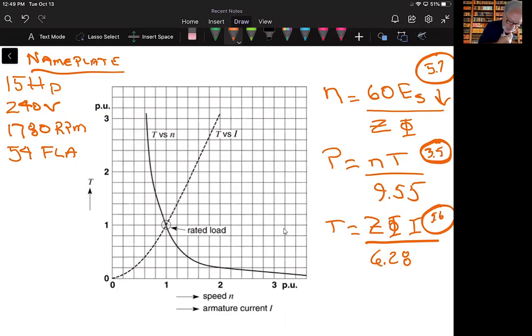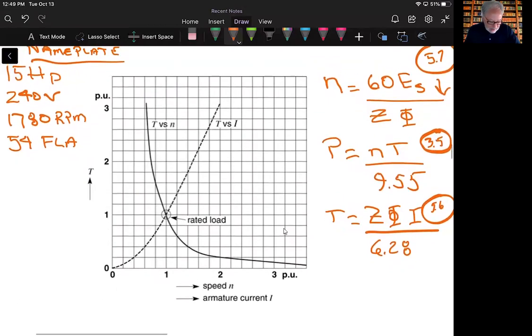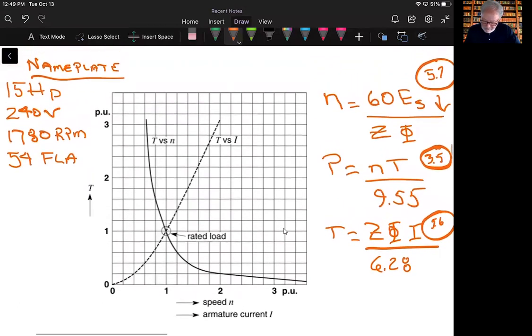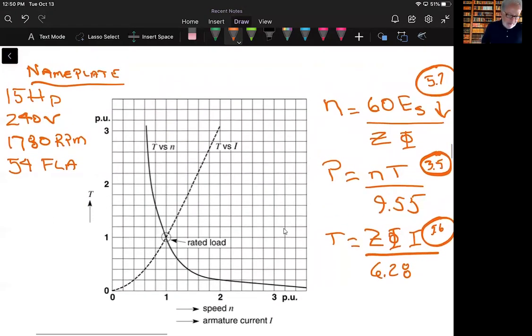He's asking us two questions. First, what is the speed and current when the load torque is 24 Newton meters, and what's the efficiency under those conditions? Now, to begin a problem like this, we need to establish a base power, a base speed, and a base current of the motor. If you flip over to page 106, this is done for us.